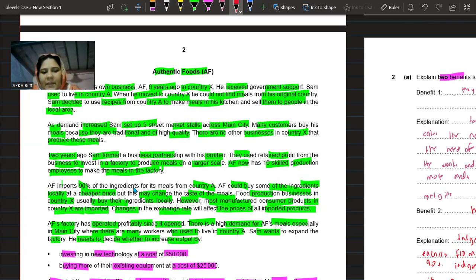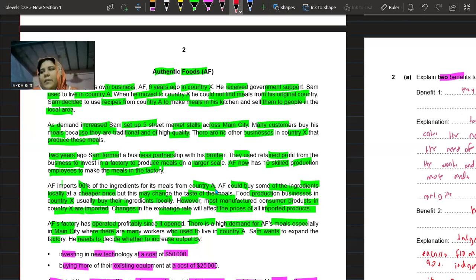AF imports 90% of the ingredients of its meal from country A. So it means that from country A, he is importing the ingredients. Because he was living in country A, he knows better about the market conditions of country A, and also he is more familiar with the ingredients, which ingredient is quality wise better than others.